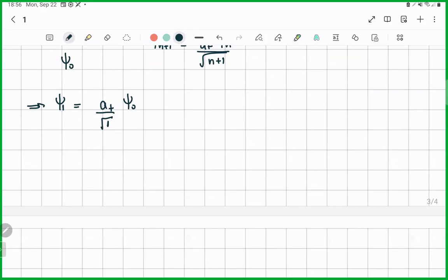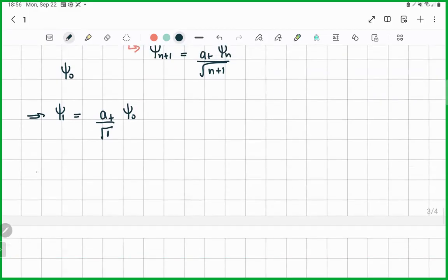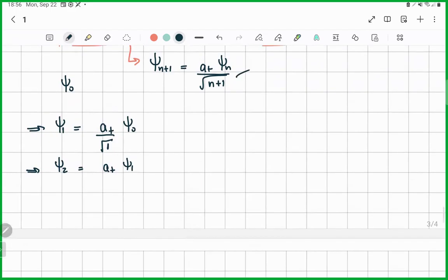Okay, but let's continue. If I now want to get ψ₂, we are going to act with a₊ on ψ₁, and following this equation, I'm going to put here the square root of 2. Well, using what I have from above, I see that this is a₊ on the ground state, and here we have the square root of 2 times the square root of 1.